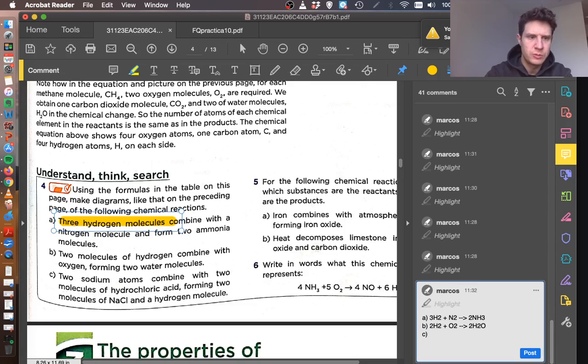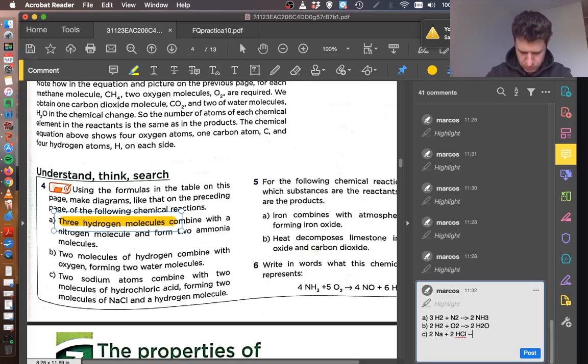C will be 2 sodium atoms combined with 2 molecules of Cl2. I don't know if we understand it this way. Maybe you can understand it better this way. I think it's better this way.